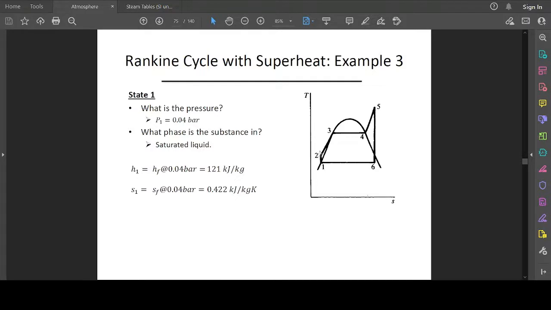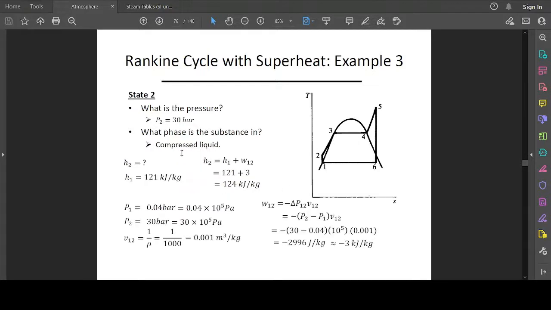Now we go further to stage 2. So what do we have at stage 2? The pump work increases the pressure from 0.04 to 30 bar, which is the operating pressure of the boiler. Once the saturated liquid is compressed by the pump, we'll be left with compressed liquid. So we go to the steam table for 30 bar and find the corresponding enthalpy at this stage 2.